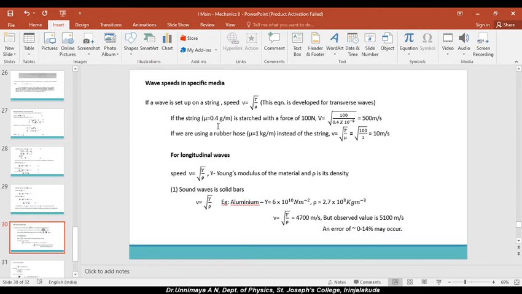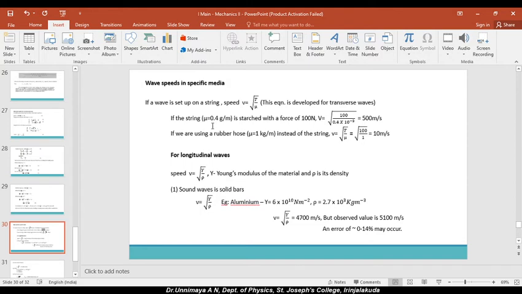If mu, the mass per unit length of this string, is 0.4 gram per meter, and the force applied or the tension on the string is 100 Newton, we will get v is equal to 500 meter per second. Substituting the values for T, that is 100 Newton, and mu 0.4, we will get v is equal to 500 meter per second.